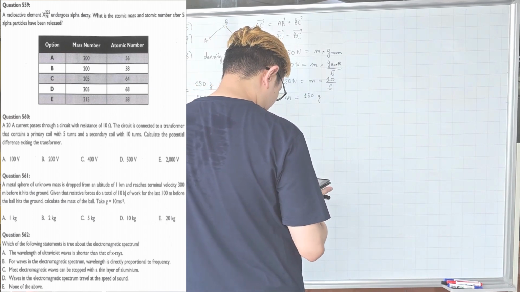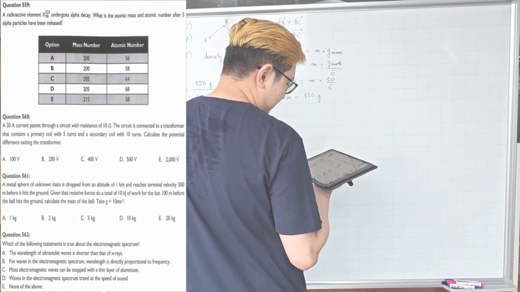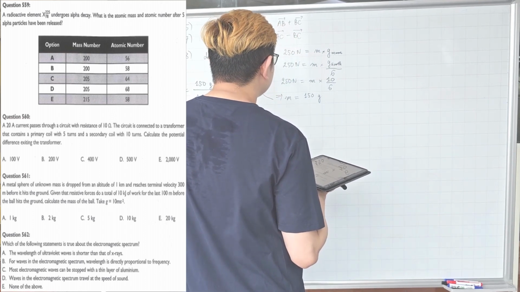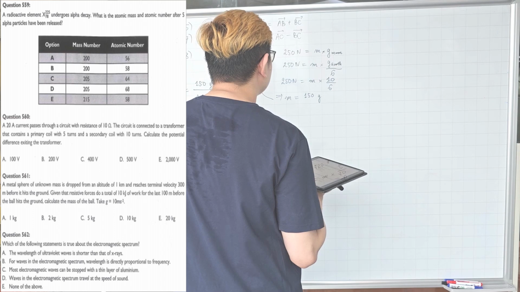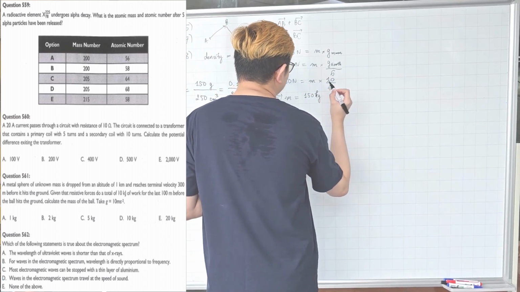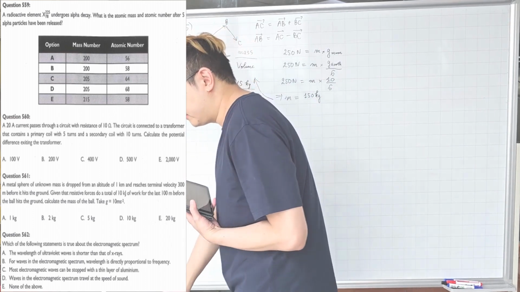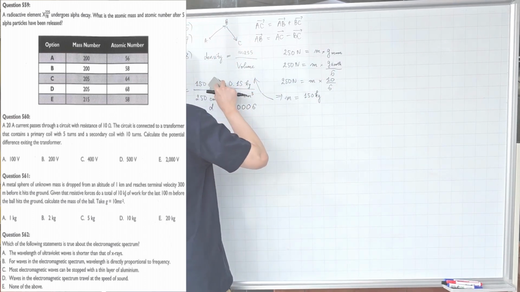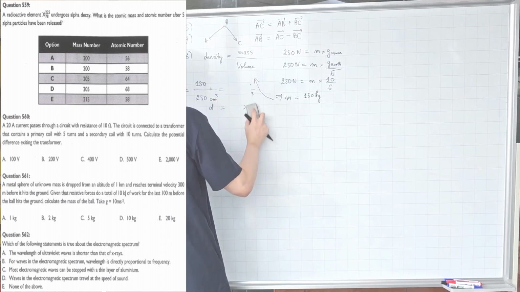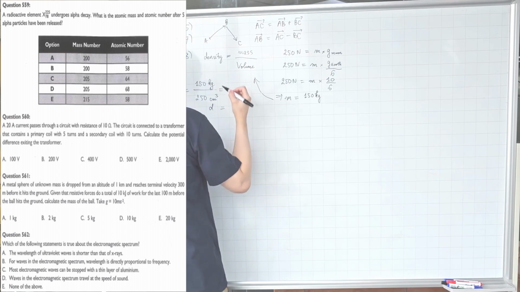Maybe we did something wrong, guys. It's 250 Newton. Oh, moment. Of course, this one is kilogram. Sorry, this one is in kilogram because in SI units, of course. This one is 150 kilograms.